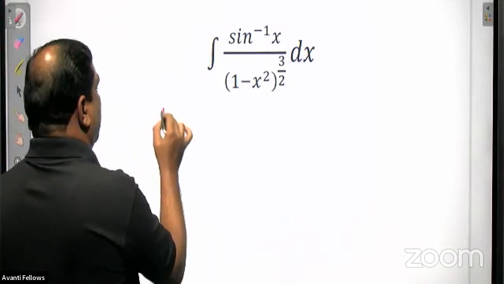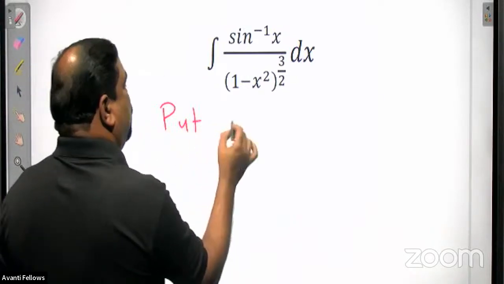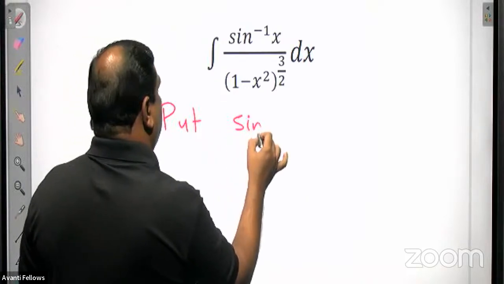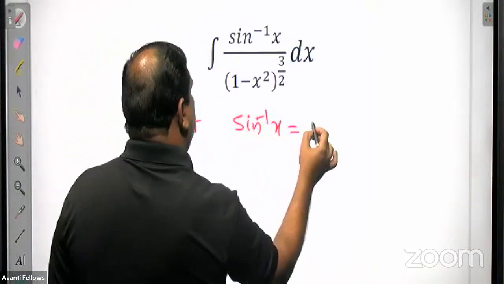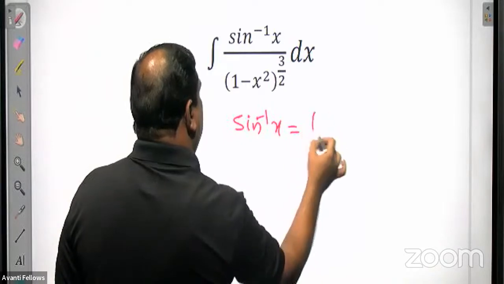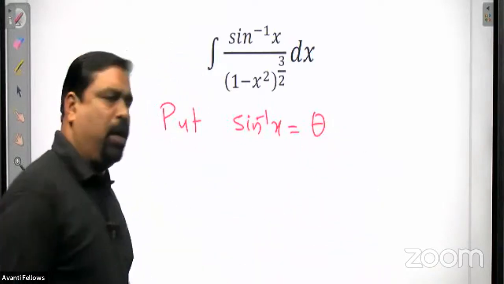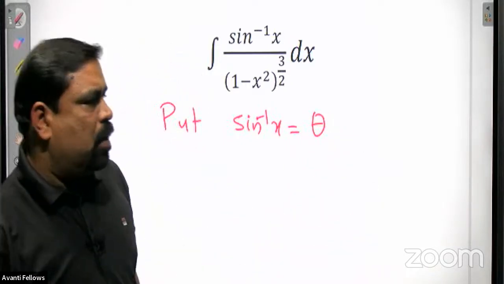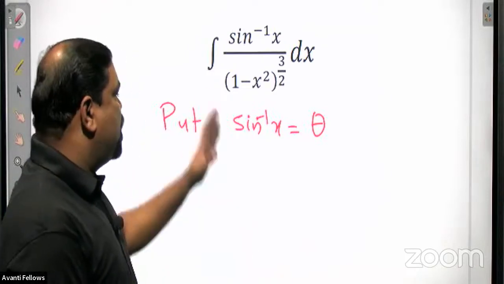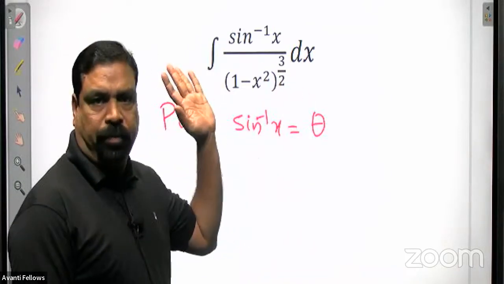Here, make a substitution. Sine inverse x equal to some theta, some t. Theta or t or u, doesn't matter. So sine inverse x equal to theta.